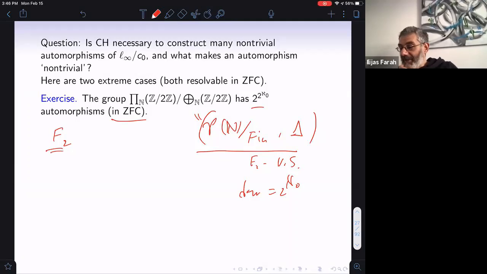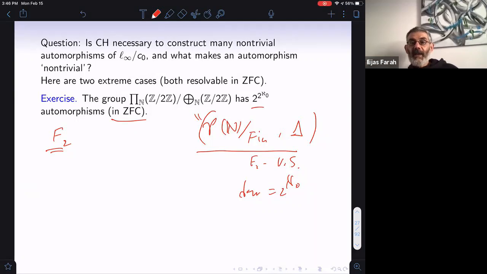And for infinite vector spaces, dimension is the same as cardinality. And then it's just linear algebra. Right? You have a vector space, then any permutation of the basis corresponds to an automorphism of the vector space.